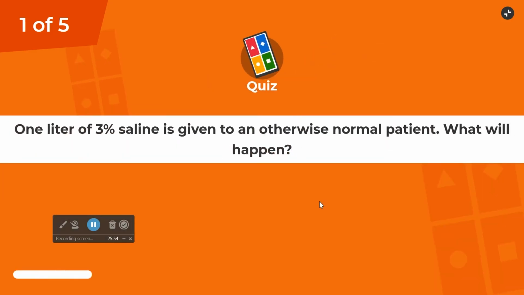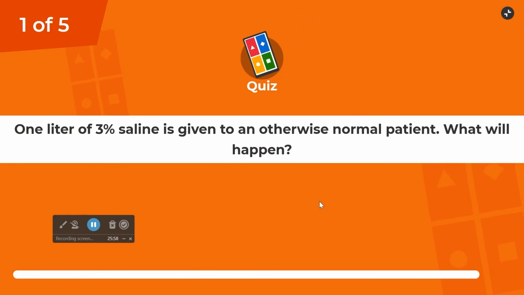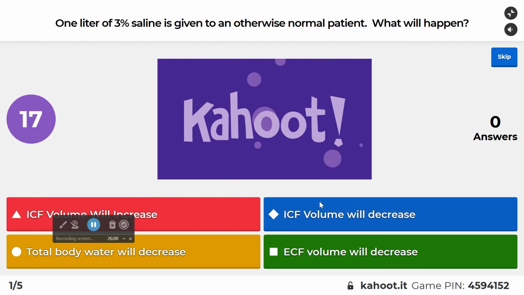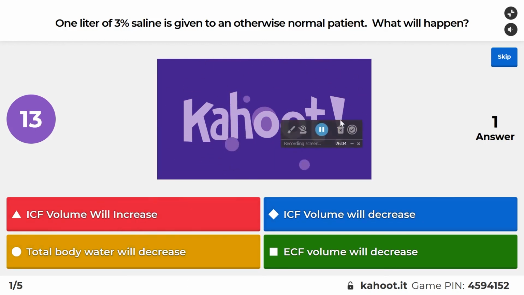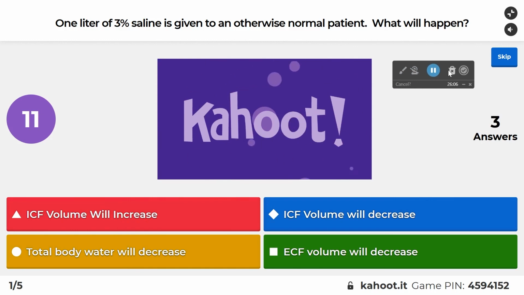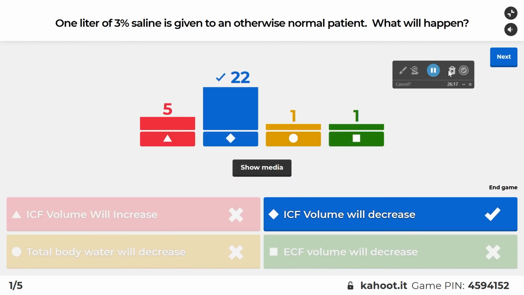Uh-oh, right? Okay. 1 liter of 3% saline, in other words, hypertonic, given to an otherwise normal patient, what will happen? Yeah, very good.